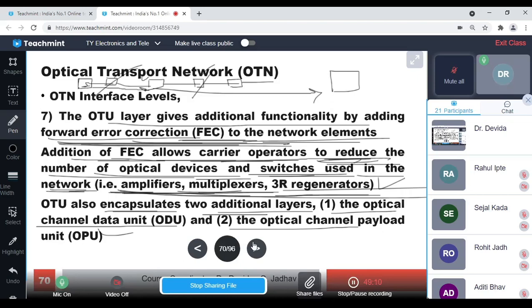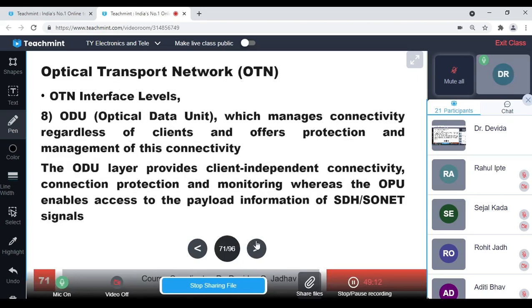The ODU is the optical data unit, which manages the connectivity regardless of the clients and offers protection and management of the connectivity.